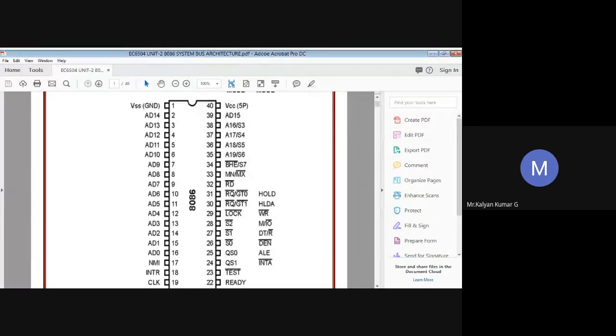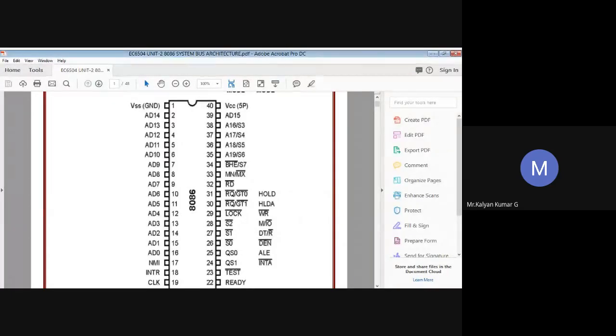And as usual, these pins are bidirectional. Since we have two request/grant signals, when there is a request from both, your request on GT0 will have higher priority compared to GT1. Based on priority, the corresponding local bus master will be allocated. This is the function of request/grant.